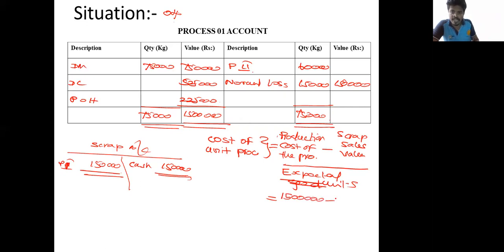Scrap value we identified as 150,000, divided by expected good units, in the sense 75,000 minus normal loss 15,000. Then it is just 22 rupees and 50 cents.